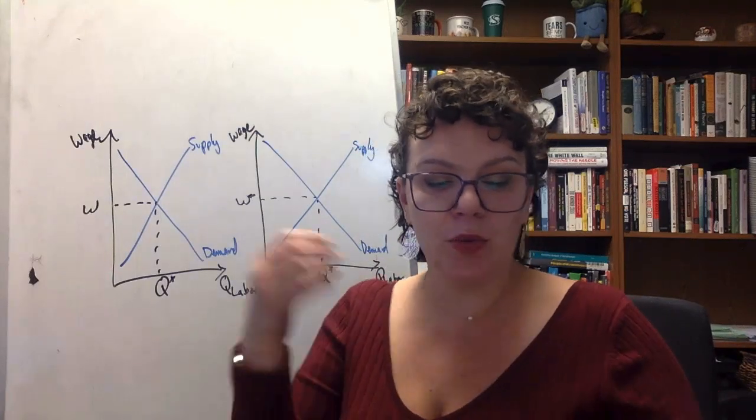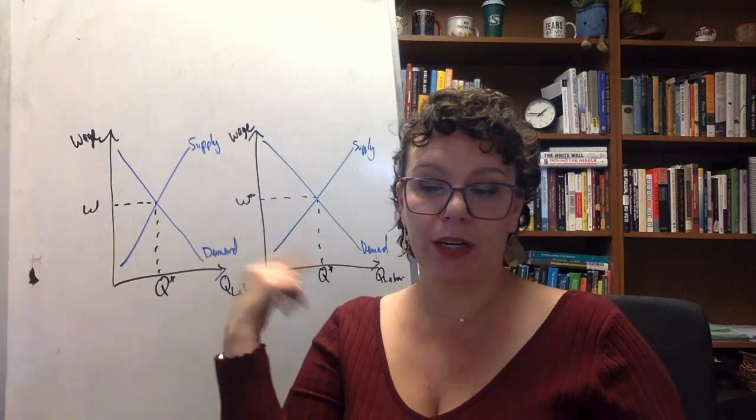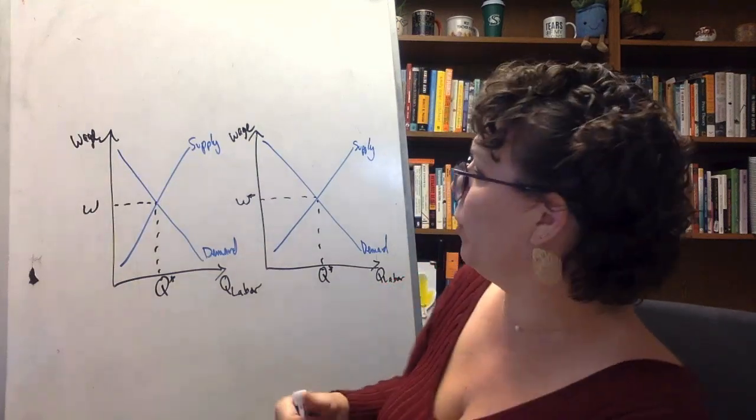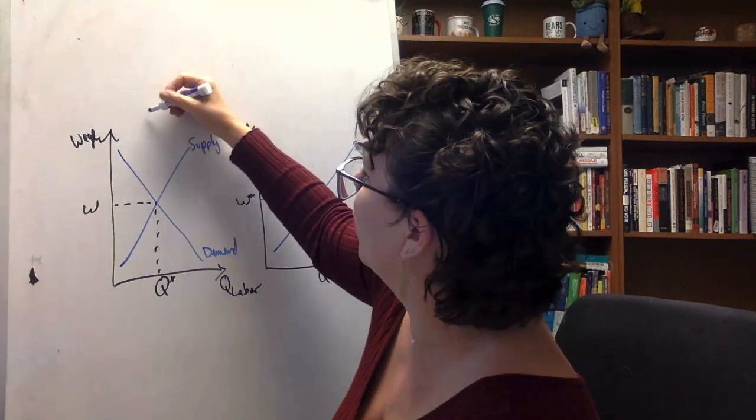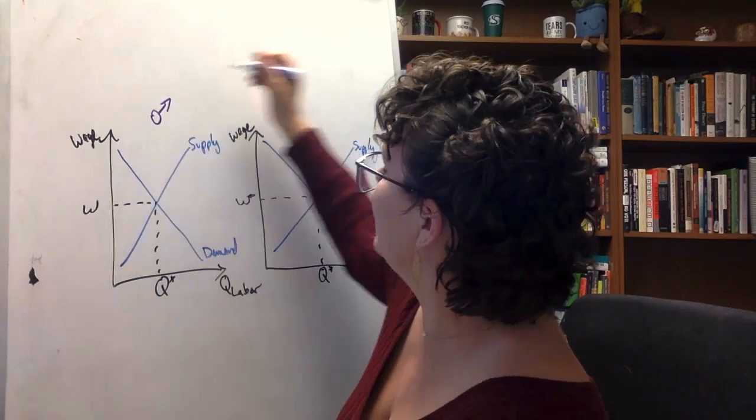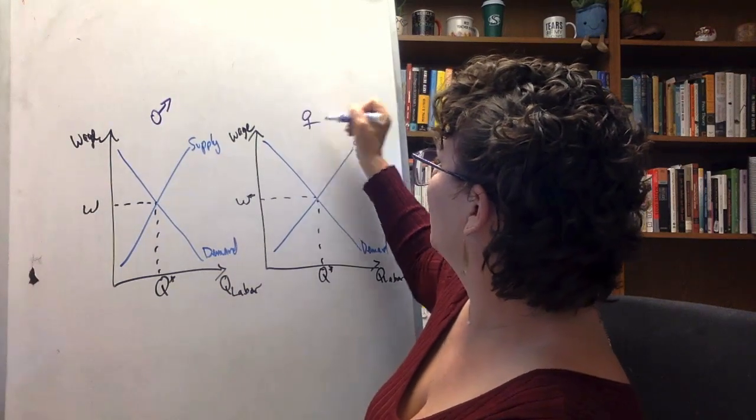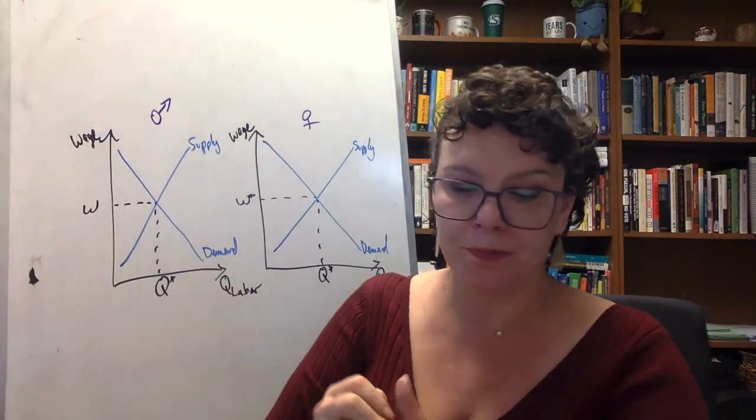Whatever is the dimension of discrimination, that's where we're going to assume the difference is. For our purposes, I'm going to say that this is the market for men, and this is the labor market for female workers, women.